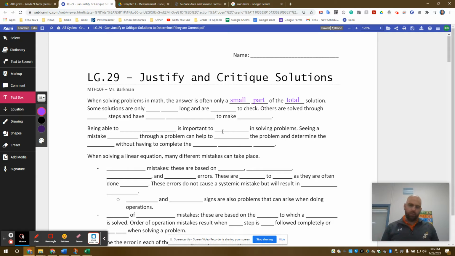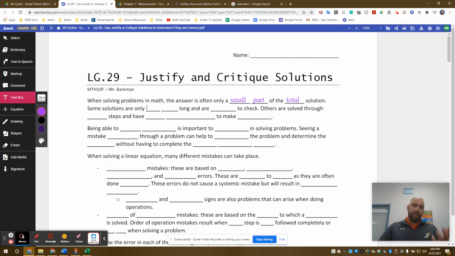I know when we've been growing up and going through grade school math, often we're looking for what is the answer? What is 6 times 4? What is 1 plus 7? What is 27 divided by 9? We always are looking for just that singular answer. But as we move farther up, and especially when we're dealing with algebra, we're looking for the process. How did we come up with the answer? Because we want to make sure that someone else could actually repeat our solution and go through that.